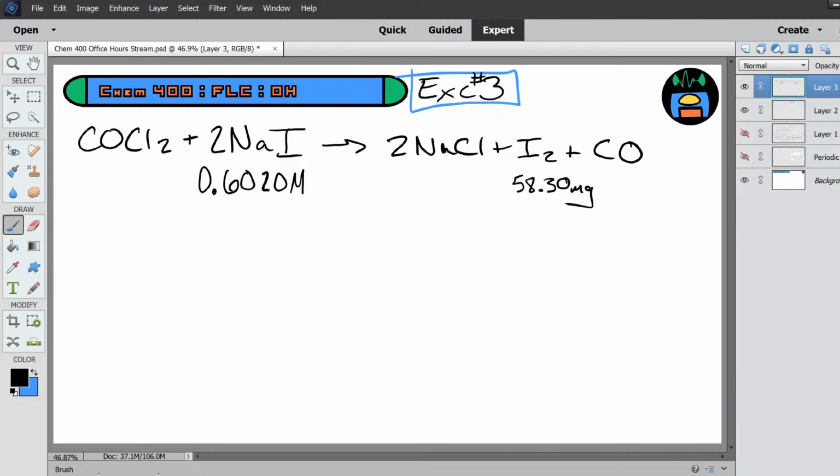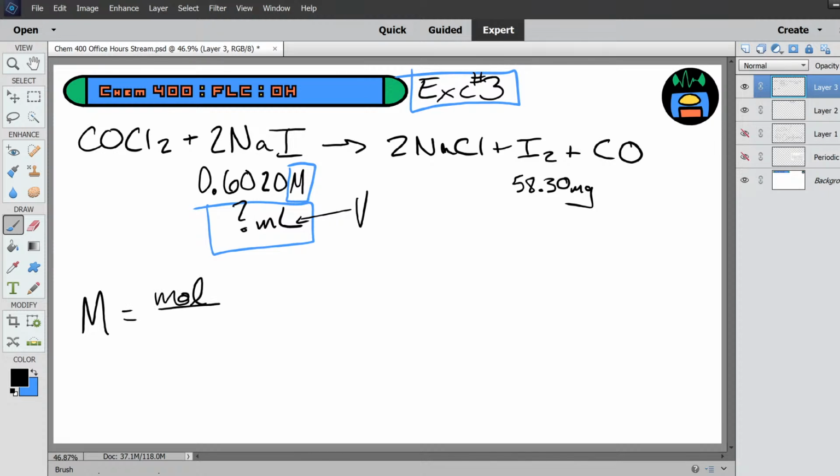And we're asked how many milliliters of this solution. All right, so this is what we're trying to find, the milliliters of the solution. Now, when you think about it, milliliters is a volume, right? And molarity has an equation: molarity equals moles of solute over liters.